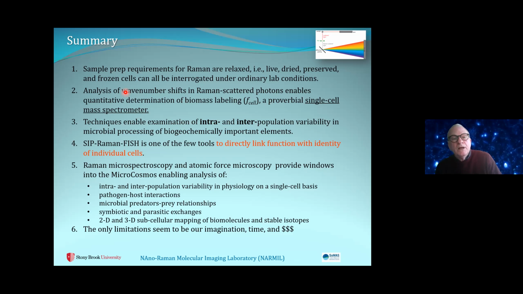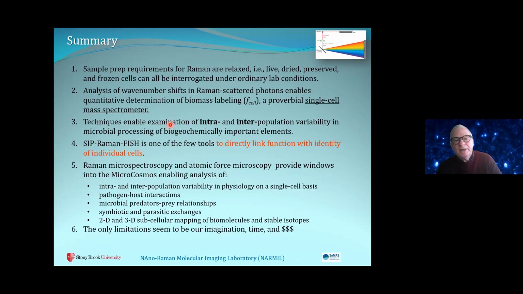Looking at shifts in wave numbers and diagnostic peaks allows us to look at isotopic incorporation. In addition to carbon, we can look at deuterium, we can look at nitrogen, and we can also look at sulfur. And so we're calling it a proverbial single cell mass spectrometer.